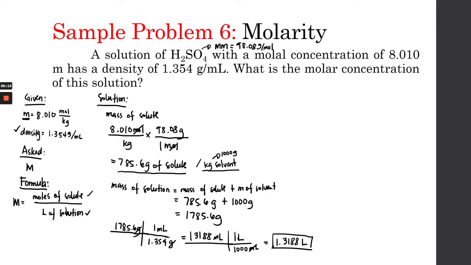Now that we have the liters of our solution and we have the moles of our solute, which is right here, 8.01, we can solve for the molarity. The molarity is equal to 8.010 moles. But now, instead of per kilogram of solvent, we need the liters of solution, which is 1.3188 liters.